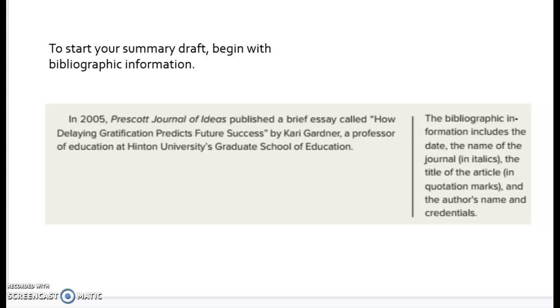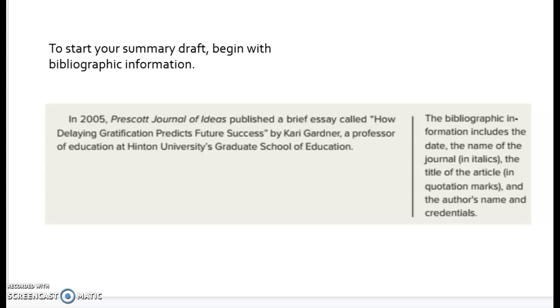And gone are the days of Googling and finding articles written by Joe Schmo. The college has databases that for every subject we pay a lot of money every year to get you access to really good, solid information. So you should be able to identify the author's name and credentials relatively easily.